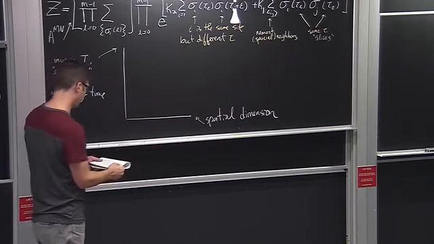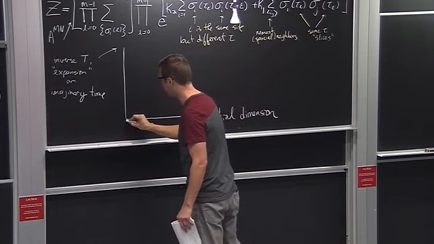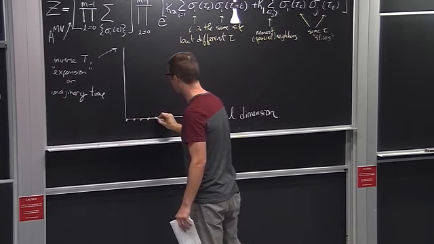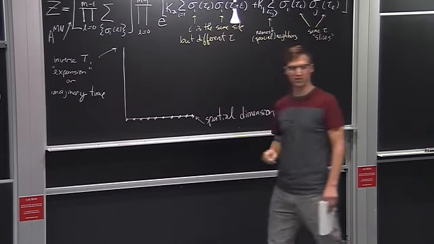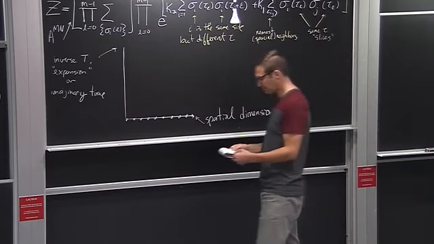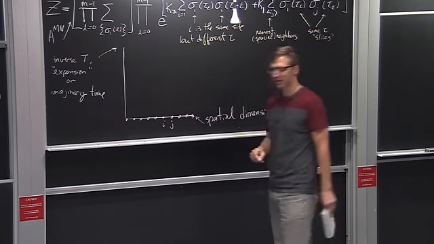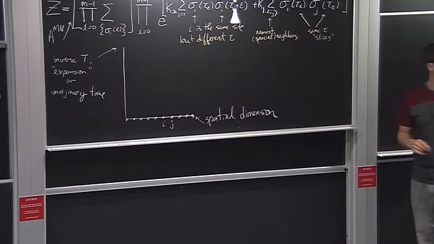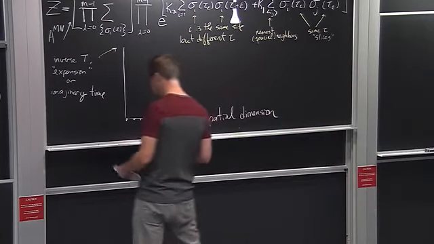So the spatial dimension is just labeled by these I and J's. Okay, so I can imagine having lattice sites. It would be a hypercube if I could draw it, but I'll just draw it as a one-dimensional lattice. This could be site I, this could be site J, for example. Nearest neighbors on a one-dimensional lattice.